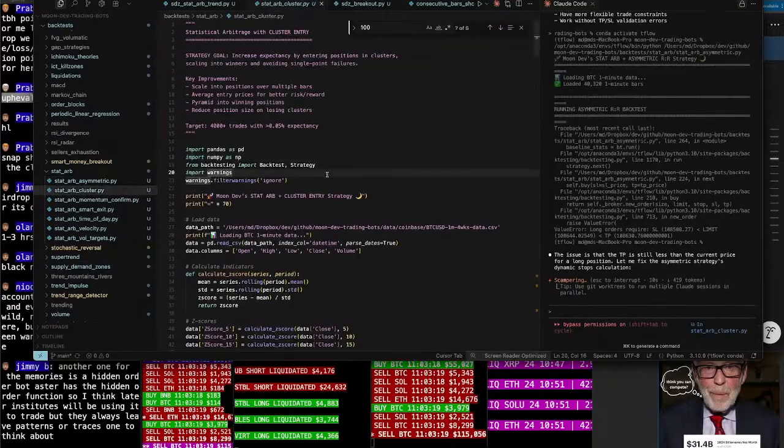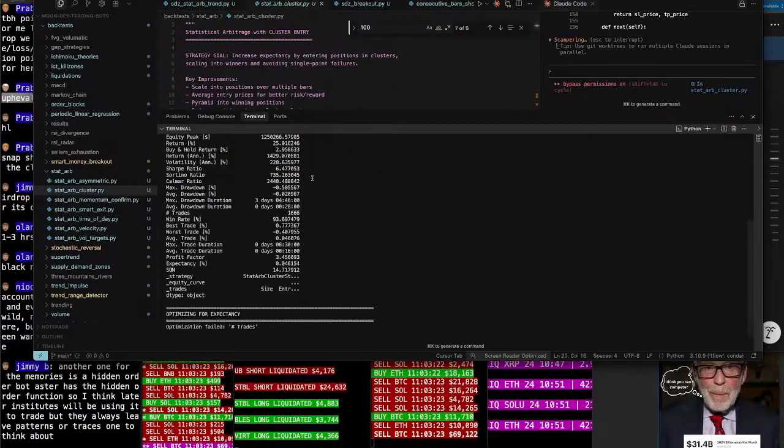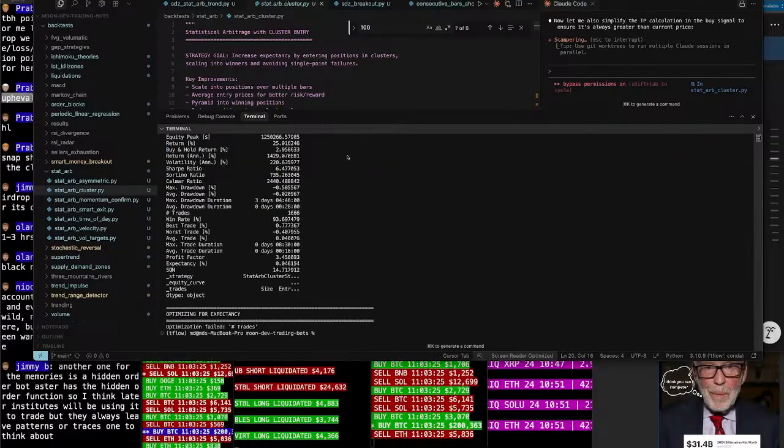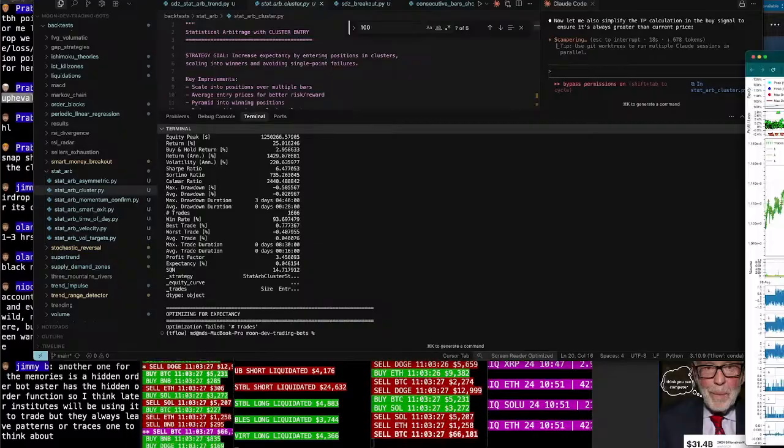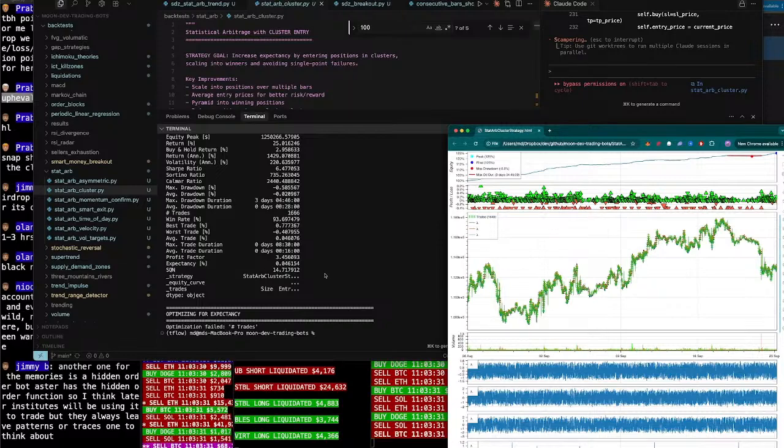Let's go to cluster here. 25% return. You can see here expectancy is 0.04, so it is better. But still, I need to get to like a 0.2 expectancy.